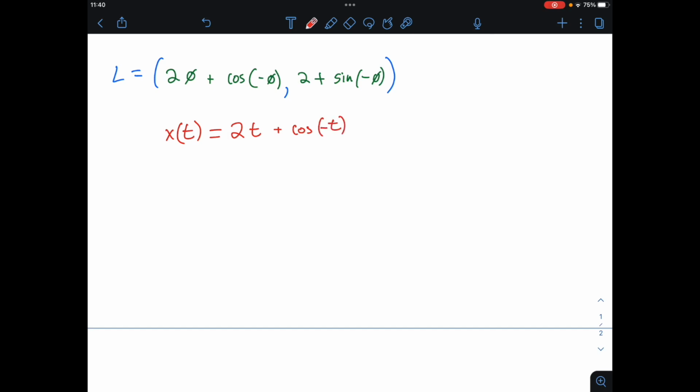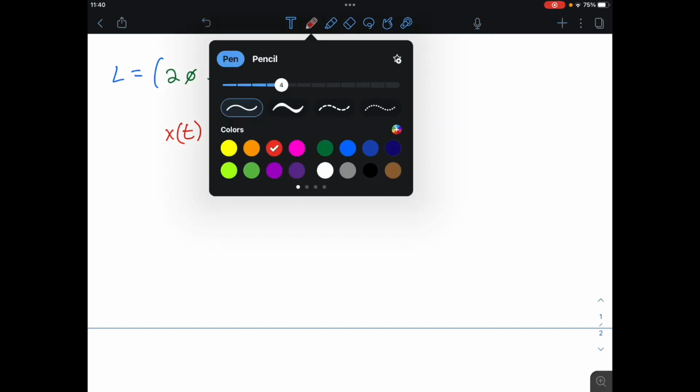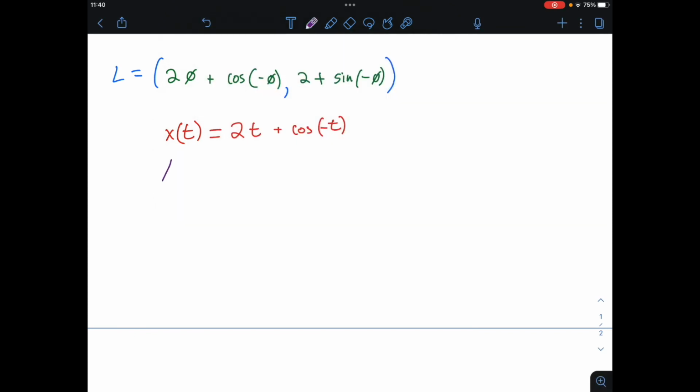At some point, I'm just going to switch that to cosine t because they're equivalent, but we'll roll with it for now. And then we're going to say our y-coordinate of t is equal to 2 plus sine of negative t. And so that's our parametric equation. This models the position of the Ladybug. L of t maybe could be composed of this parametric. I don't know.